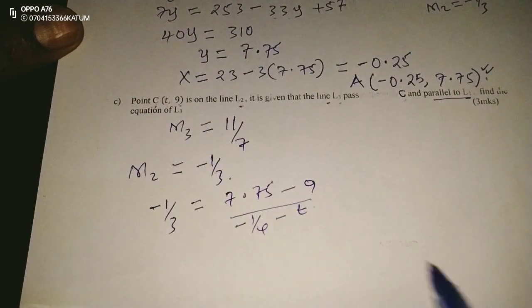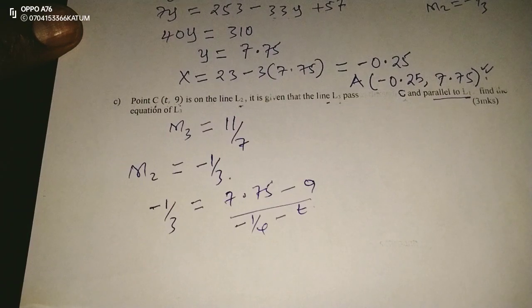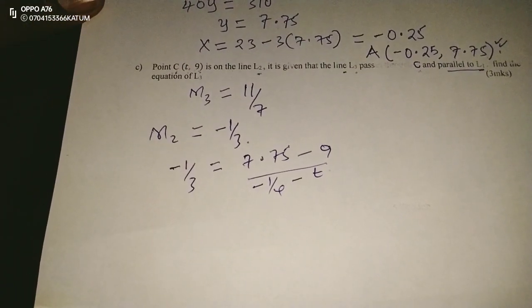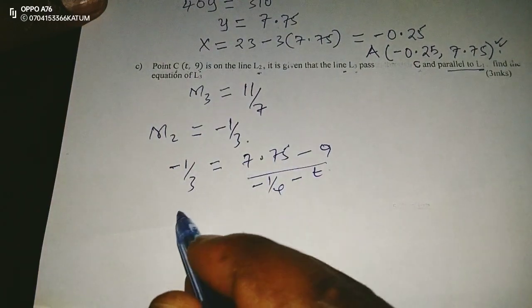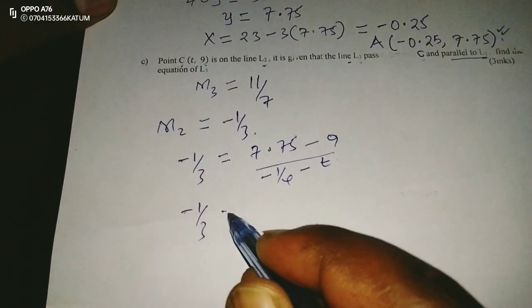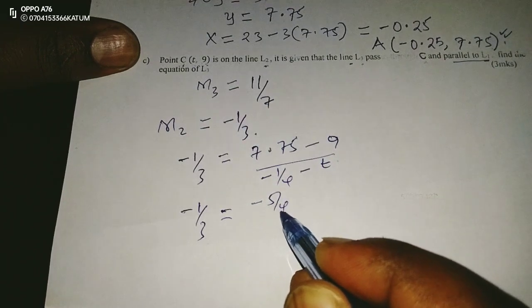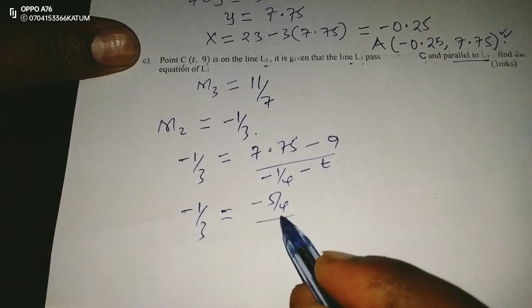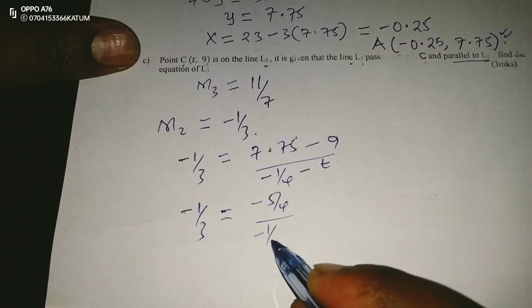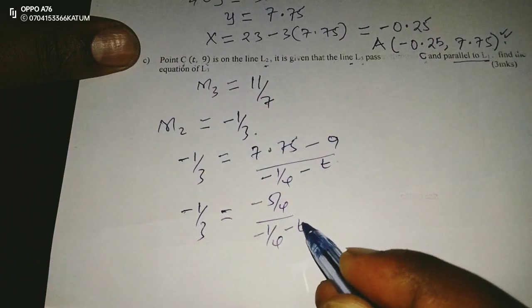When we subtract 9 from 7.75, we get negative 1 1/4, or negative 5 out of 4. So we have negative 1/3 equals negative 5 over 4, that is 1 1/4, out of negative 1/4 minus t.